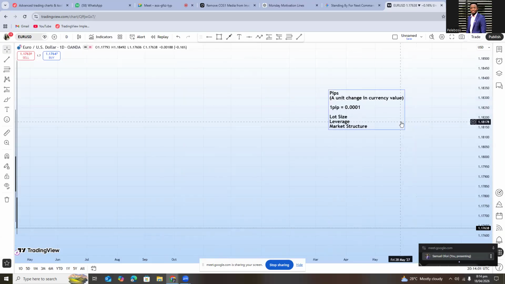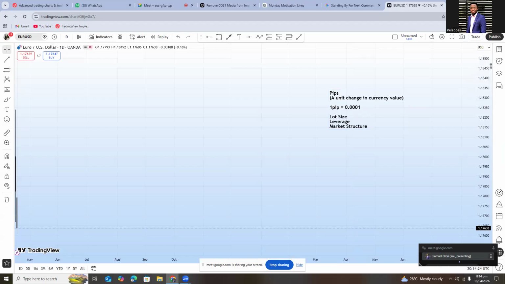So basically, every currency pair is supposed to have 4 decimal places. It's not all of them, but most of them have 4 decimal places, I think with the exception of the Japanese yen. The rest are up to 4 decimal places.